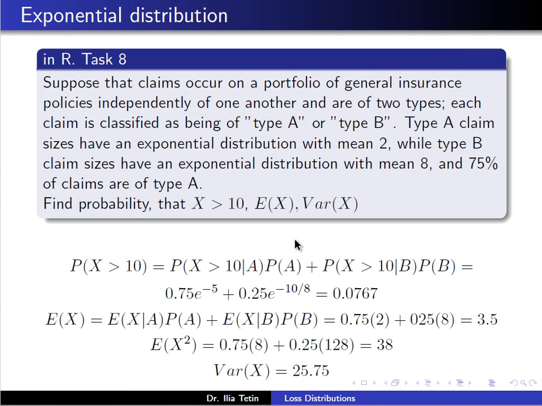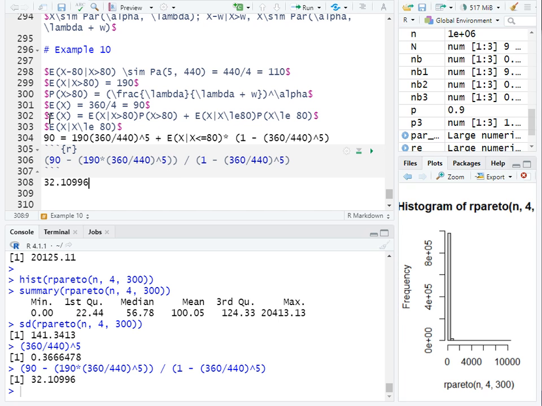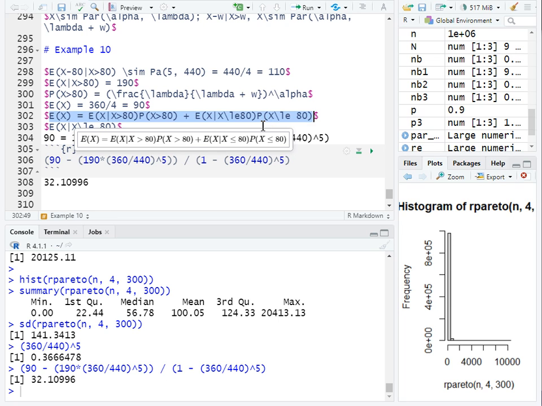And we also used the complete probability version, that Ex is the expected value times the probability of one event plus the expected value times the probability of the second event. We placed those things in our last formula: something times probability, something different times probability. Then we just have to obtain the only single unknown in this equation, which we have successfully done, and the final result is 32.11.